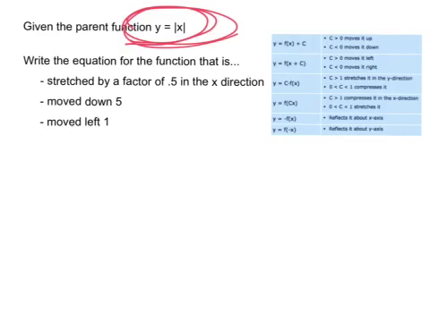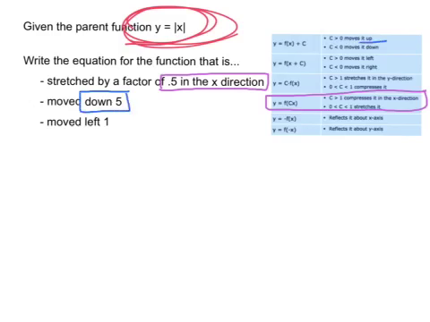To that function, we need to stretch it by a factor of 0.5 in the x direction. We need to move it down 5, and we need to move it left 1.